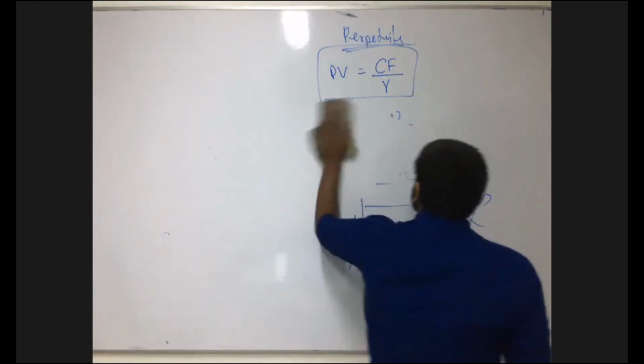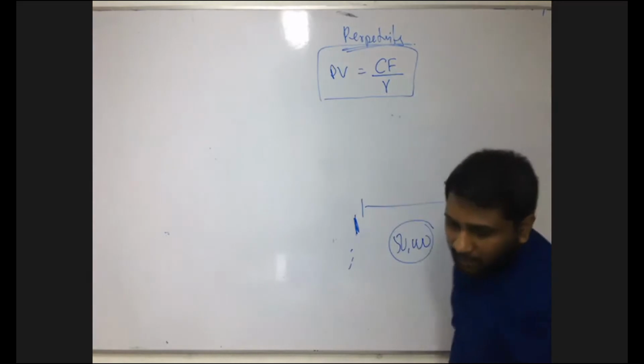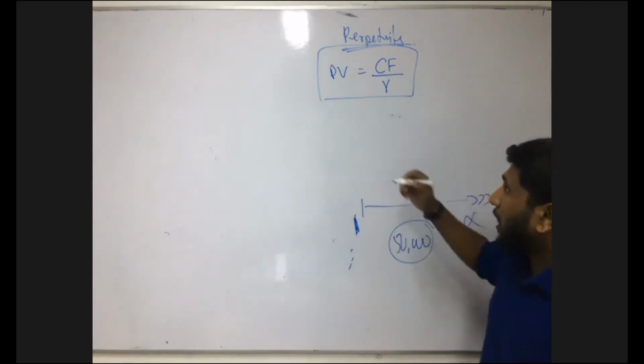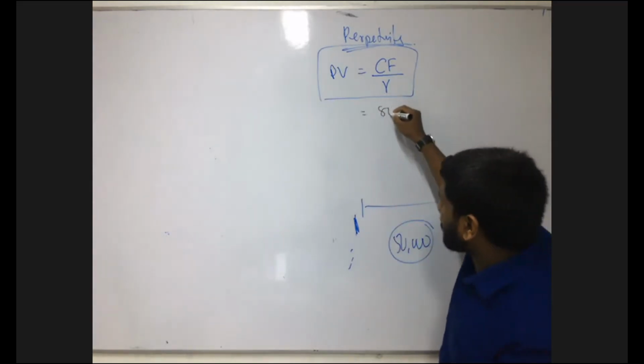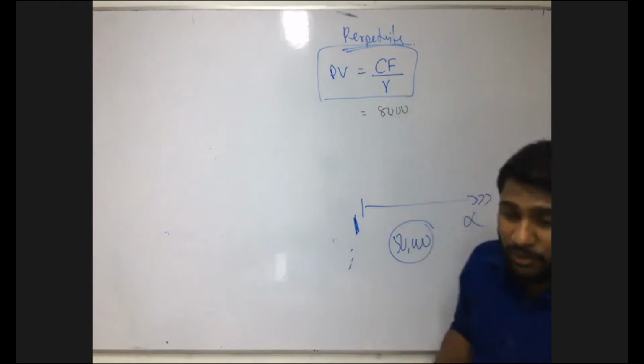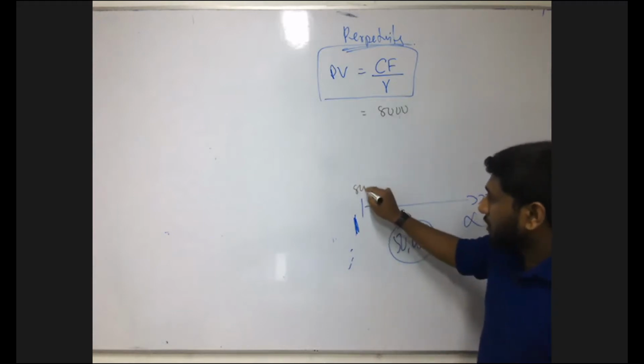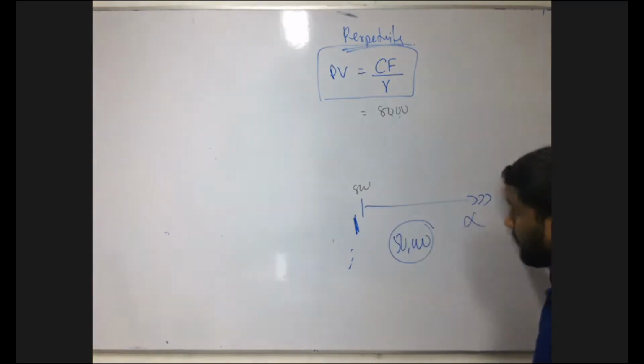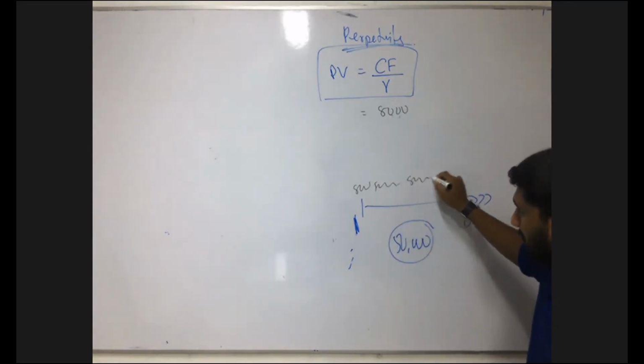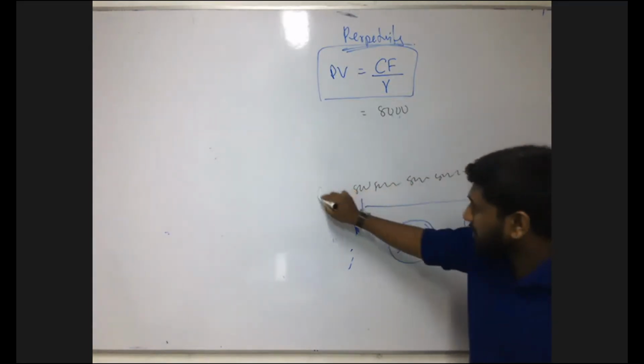How can you get the answer? Present value is cash flow divided by R. Cash flow is how much, guys? 8,000 US dollars. What they are telling is you will get 8,000 from year 1 for the foreseeable future. Every year 8,000, 8,000, 8,000. This is your cash flow.